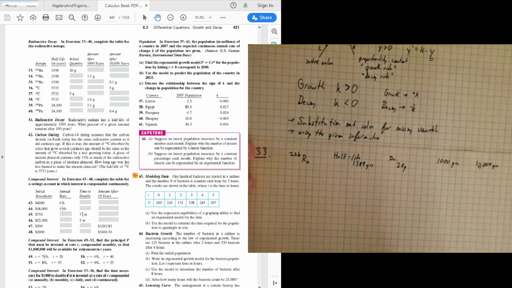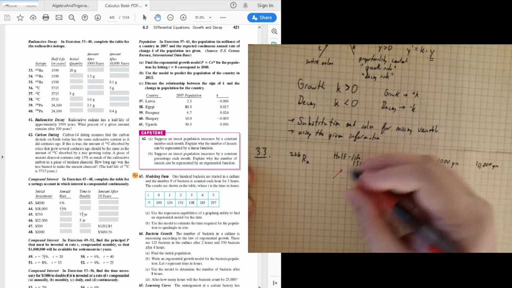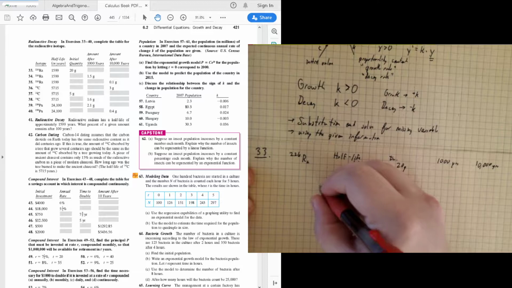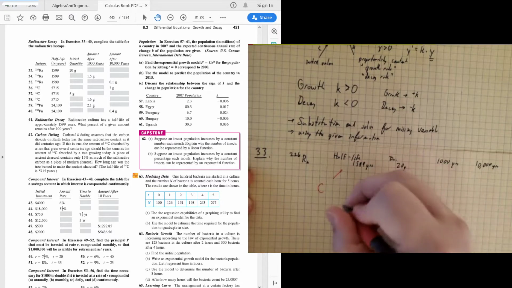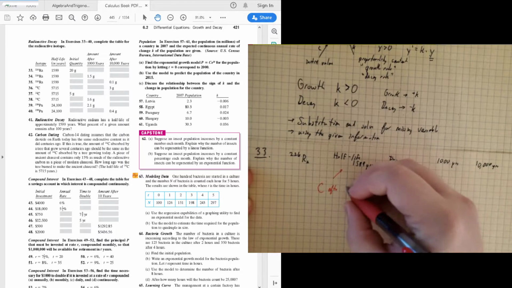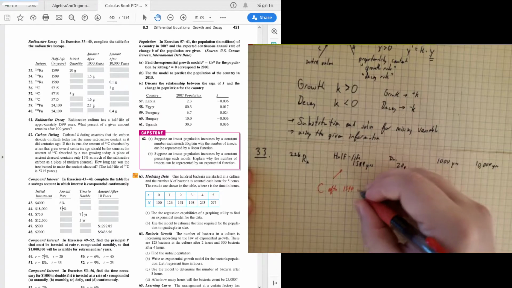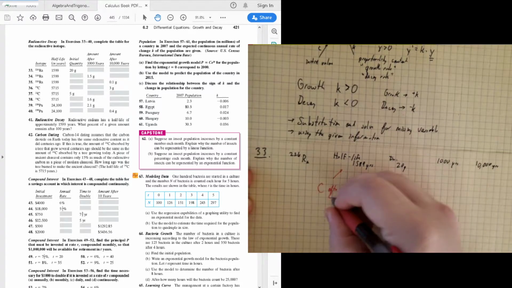So let's talk about what some of this information means, because some of these details are really important. What does the term half-life mean? The term half-life means that if I have an initial quantity, let's call it C, then after this many years, the amount we have left is going to be C over 2.